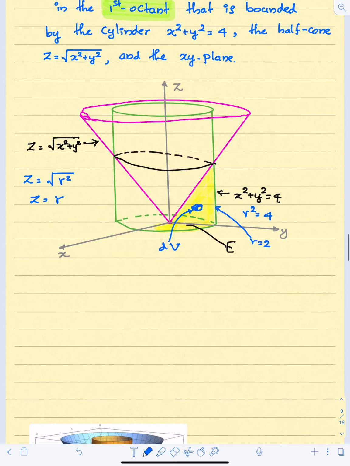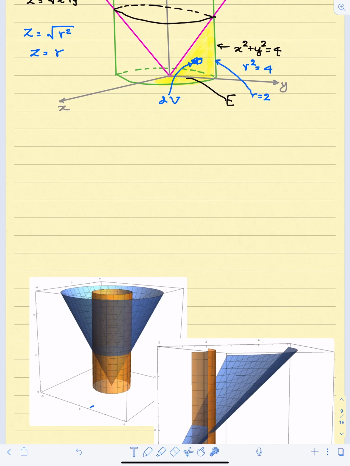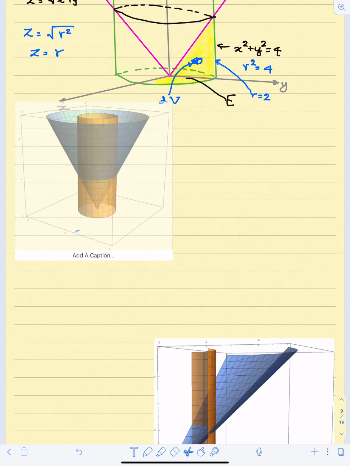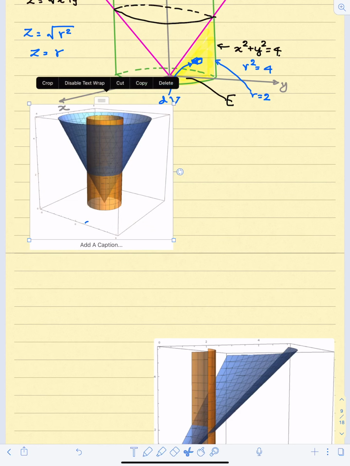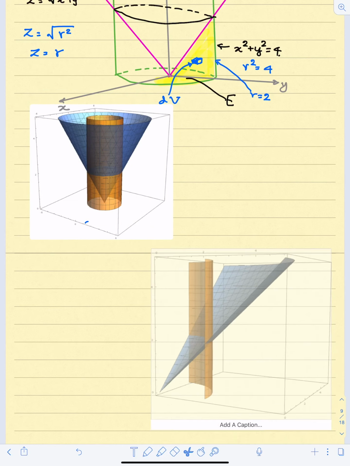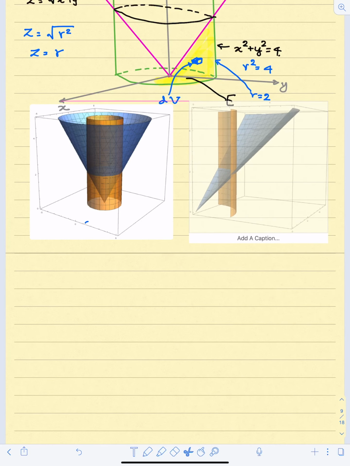Now here is a better picture that I got from Mathematica. That's the solid. If I consider the first octant, you should see something like this, and this part is our domain, because we want to find the volume in the first octant.